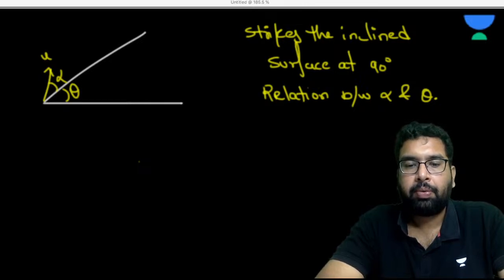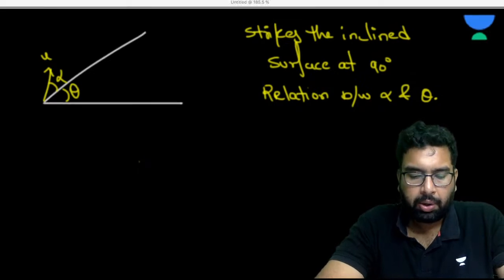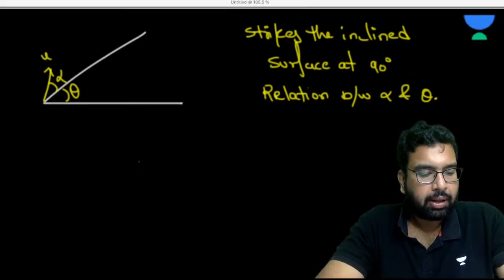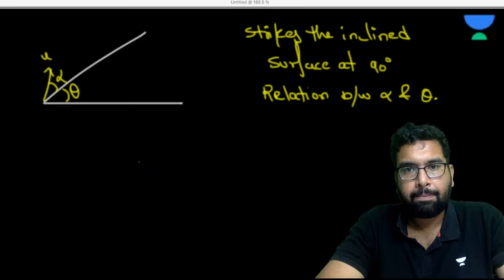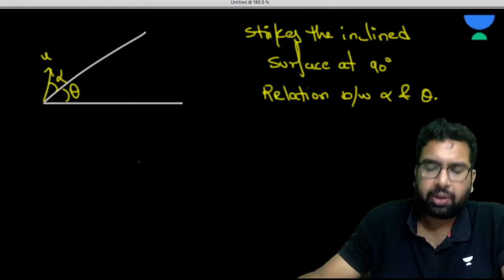What is the relation between alpha and theta? Very simple, isn't it? What is the problem in it? What about the rest of you? If anyone else can answer me, see, very simple. What went wrong?